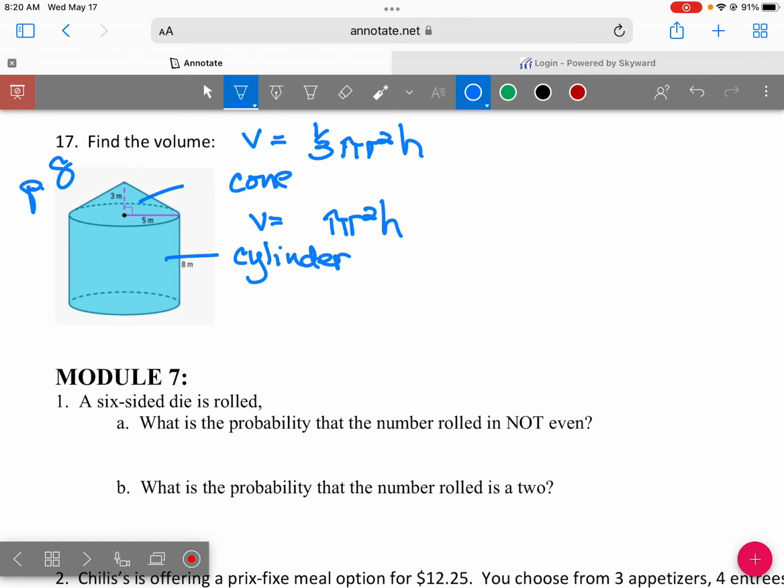Okay, hang on. I know a quicker way to look. Volume of a cone, 1/3 pi r squared h. Yep, I was right. Okay.